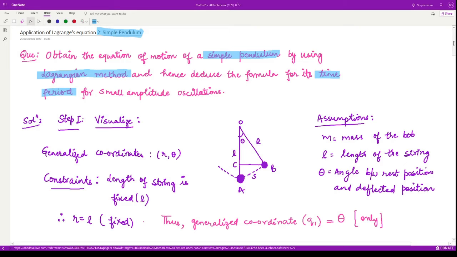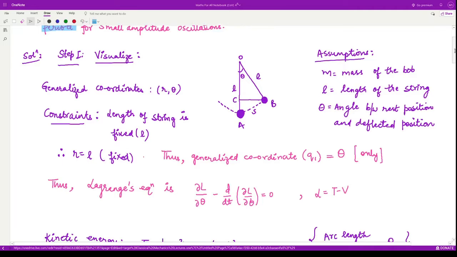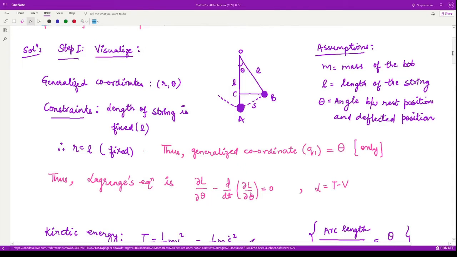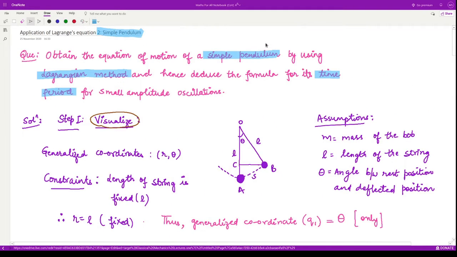So the first step in order to obtain the equations of motion, we have to visualize what the given system is. The given system here is that of a simple pendulum. That means we have a point of suspension, denoted by O, and we have a string of length L and a bob having mass m that is suspended through it.